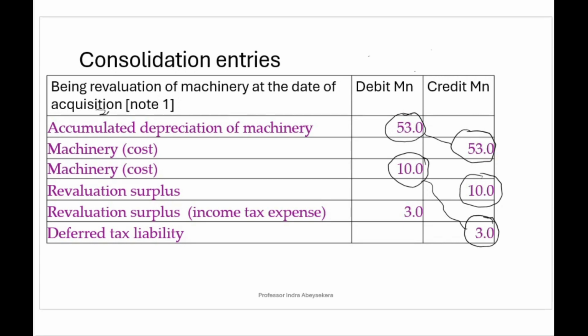Typically, we debit income tax expense, but because this is an unrealized gain, we debit that amount to revaluation surplus. So when we look at our revaluation surplus, what we see is that the revaluation surplus has a debit and a credit, and the net amount equals 7 million.